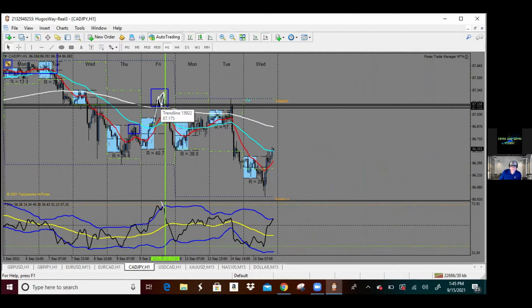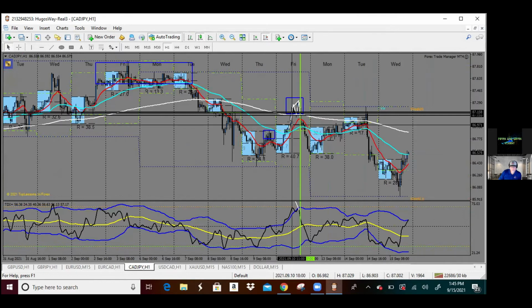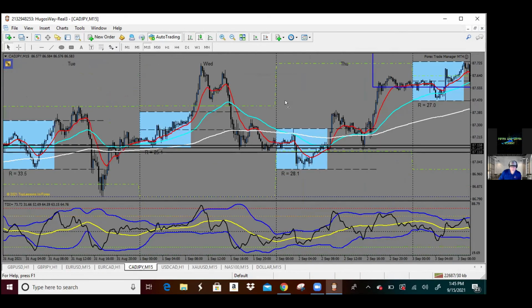This trade, even though it's a 1 hour shark fin, is a type 1 trade because it broke out of Asian and formed your price pattern outside of Asian. A type 2 forms at the high and the low of Asian. Let me go to 15.